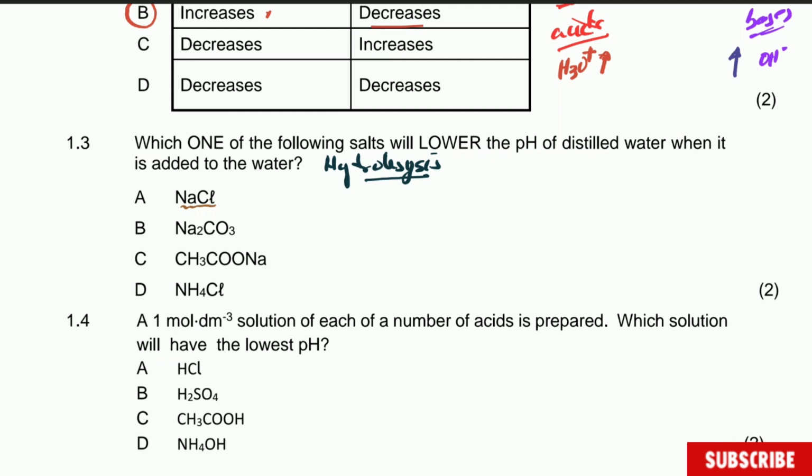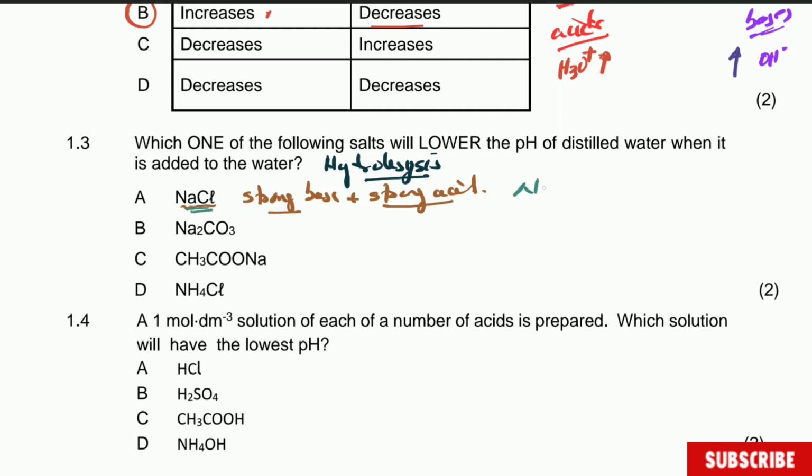There is nothing to say that this one is a strong base plus strong acid. Alright, that will give you that salt. So now this salt reacts with water.